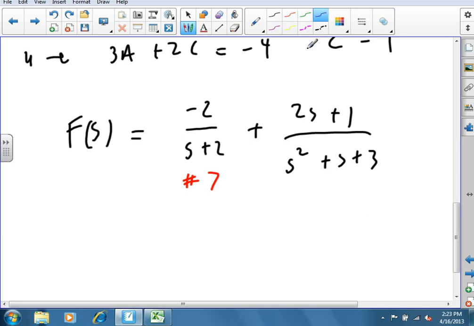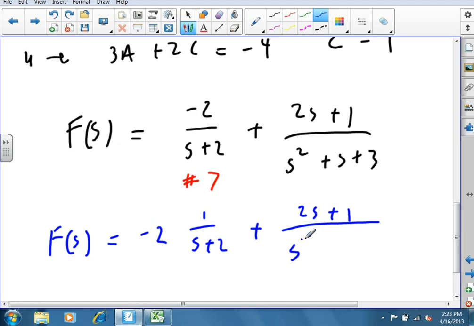So if he doesn't factor, I'm going to call this minus 2 times 1 over s plus 2 plus, and I'm going to complete the square on him. S squared plus, I take the 1, divide it by 2, I get a 1/2, I square the 1/2, and I get a quarter.